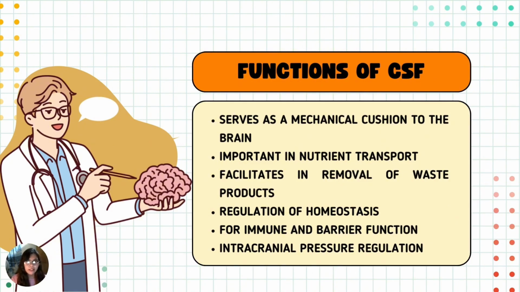CSF transports essential nutrients such as glucose, amino acids, ions, as mentioned from the previous slides, because it supplies these nutrients to the brain and spinal cord. These nutrients are necessary for the energy metabolism and proper functioning of neurons and the glial cells in the brain.